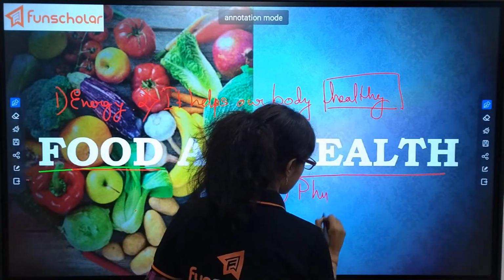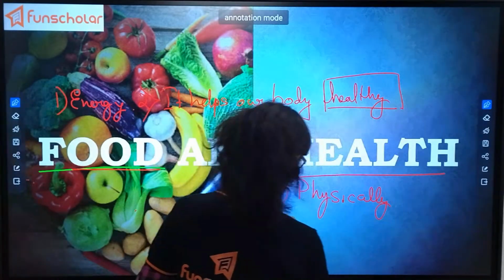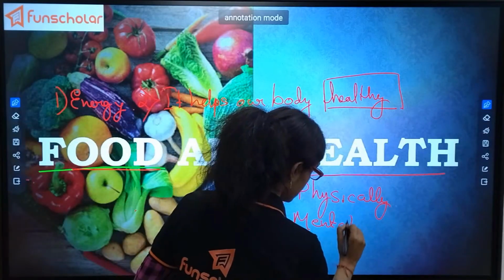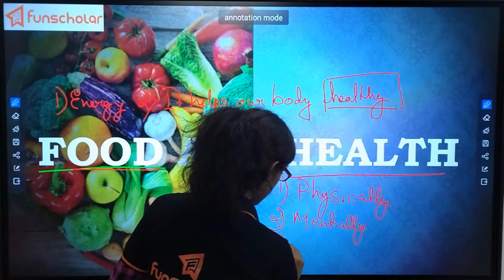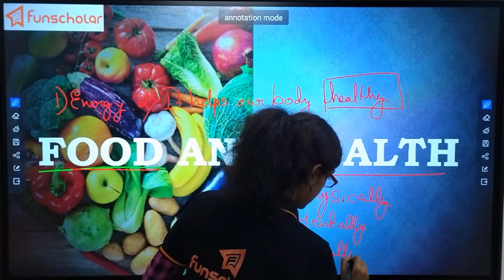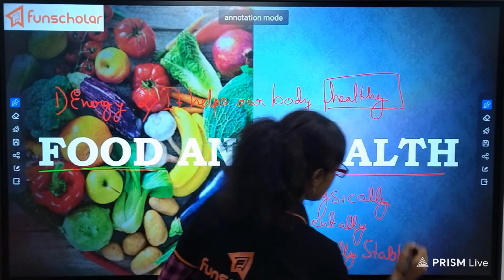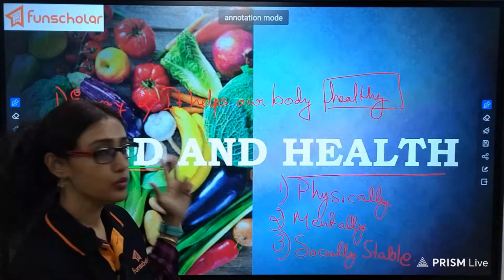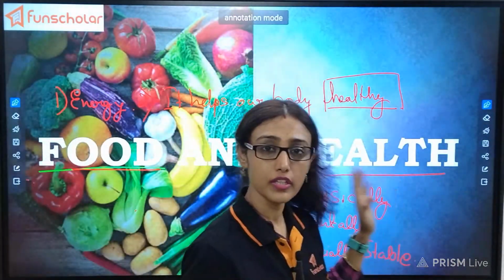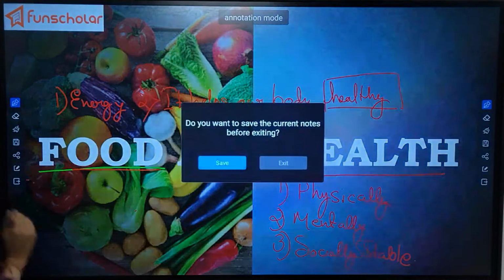Physically, number two is mentally, number three is socially stable. Okay, and for that we have to eat good food. Okay, to maintain our what? Good health. Okay, so let's begin our chapter now.